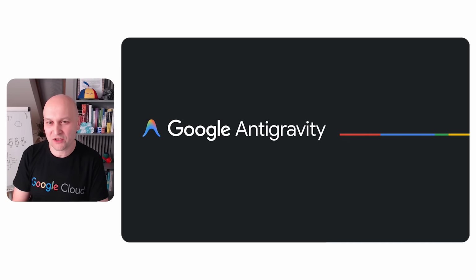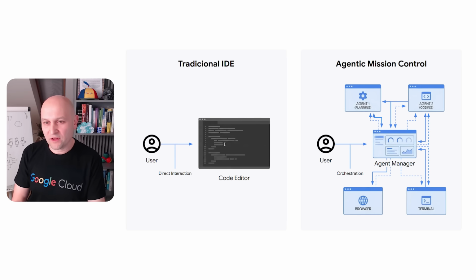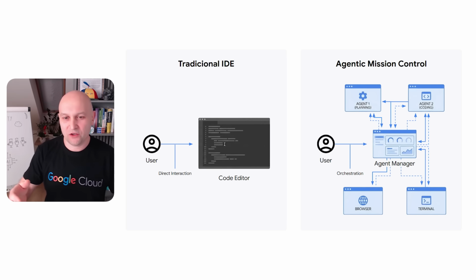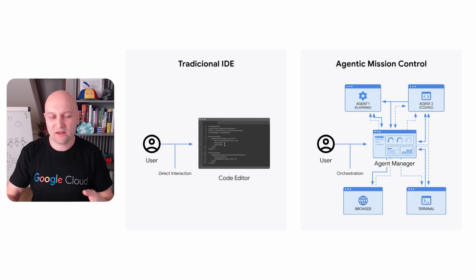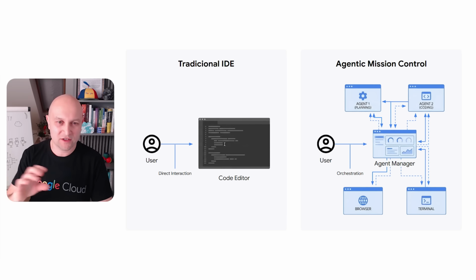So maybe before we jump into the demo, let's tell the listeners what's so exciting about Antigravity and why we feel Antigravity is something different, a big differentiator from what we have been doing traditionally. First of all, if you think about the traditional IDE, even if you have some LLM, some chat embedded into the code editor, you still have to synchronously code and synchronously work with the LLM.